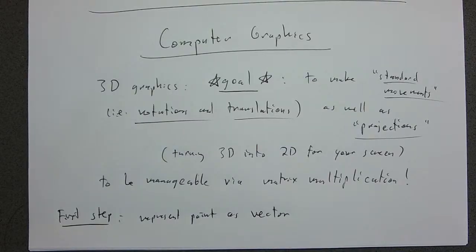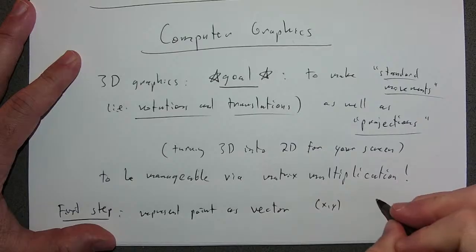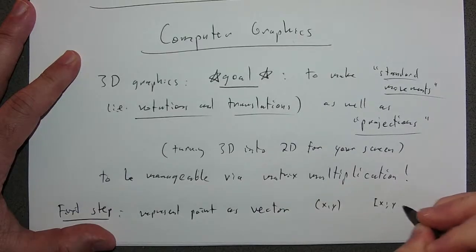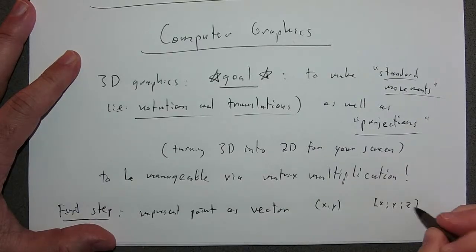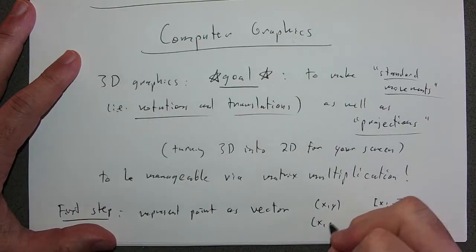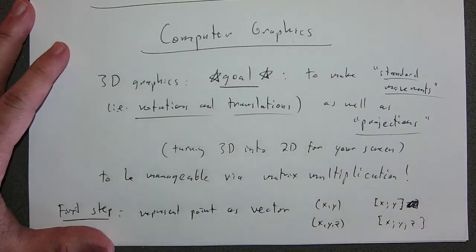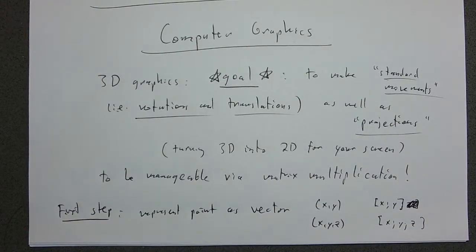This is how we deal with these things algebraically. Represent a point as a vector, so a point in 2D you can think of as a vector, just x, y. Of course, a point in 3D you can think of as a vector in 3D.